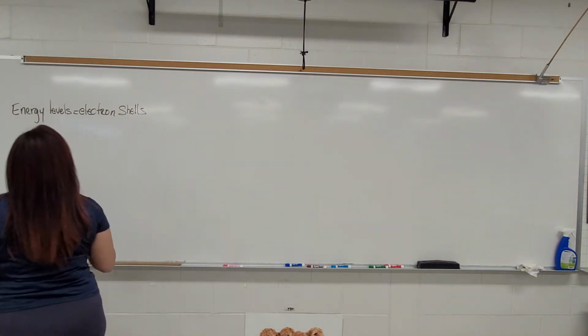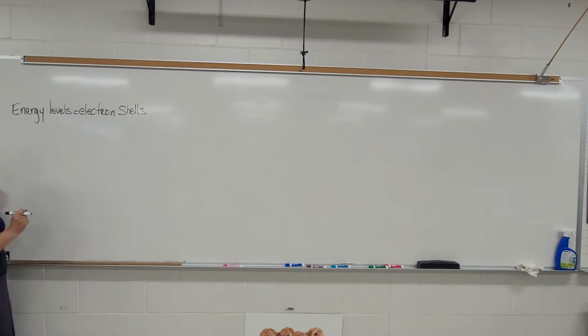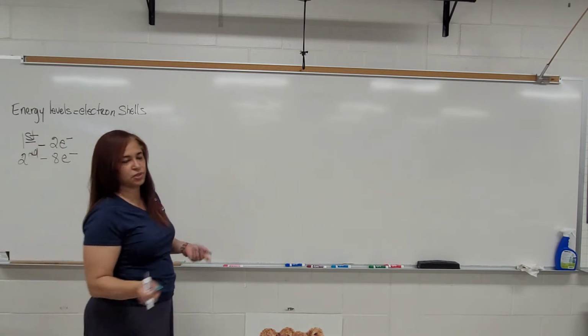So when you're looking at the energy levels, the first shell or energy level can have a maximum of 2 electrons. The second energy level can have a maximum of 8 electrons. Now this is where things get a little bit complicated and interesting.